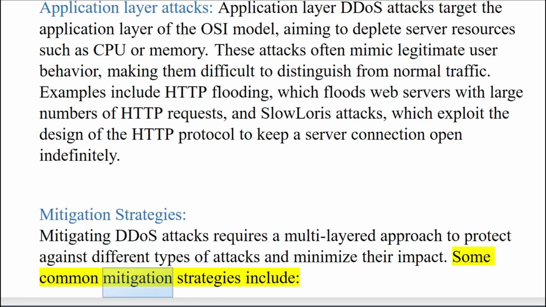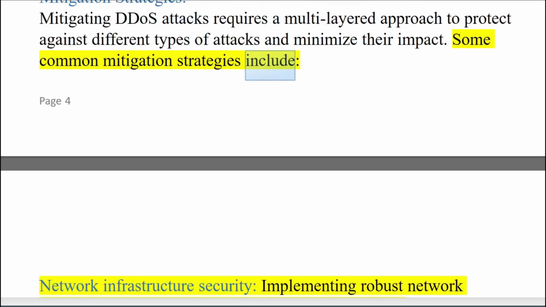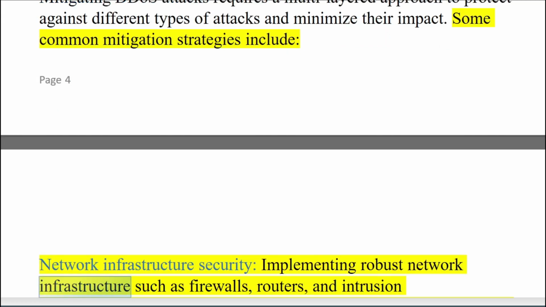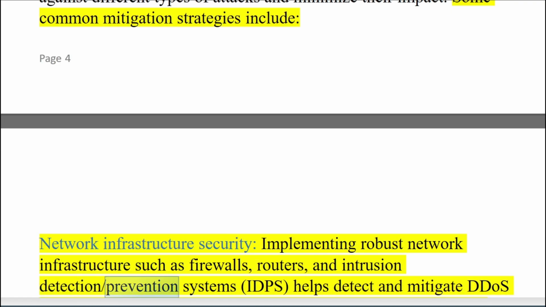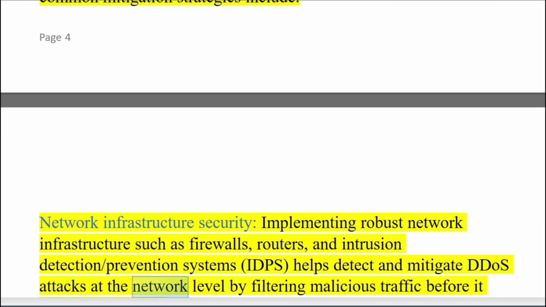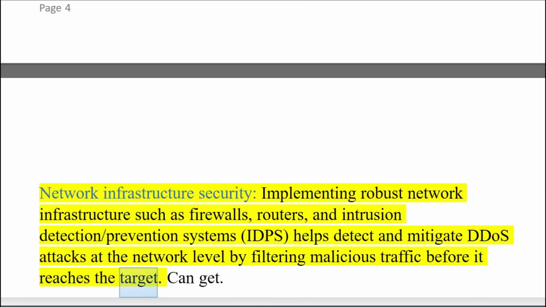Some common mitigation strategies include network infrastructure security, implementing robust network infrastructure such as firewalls, routers, and intrusion detection/prevention systems. IDPS helps detect and mitigate DOS attacks at the network level by filtering malicious traffic before it reaches the target.